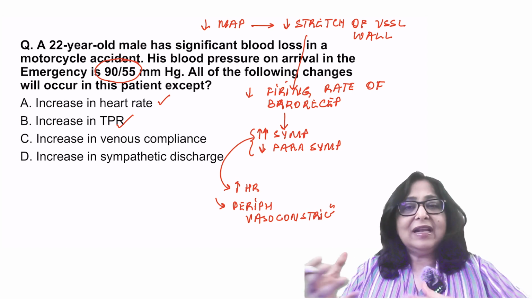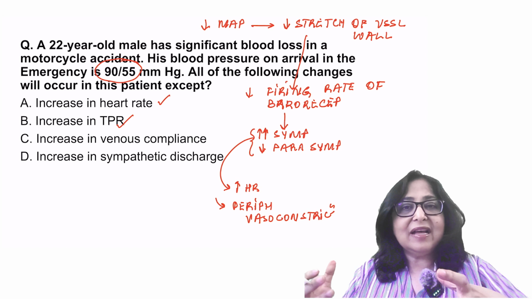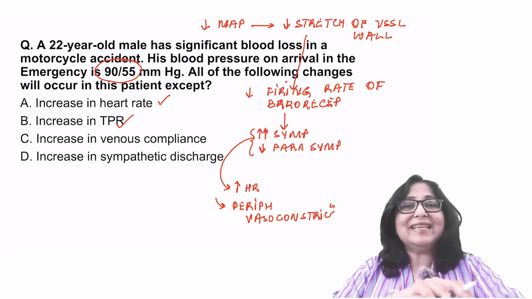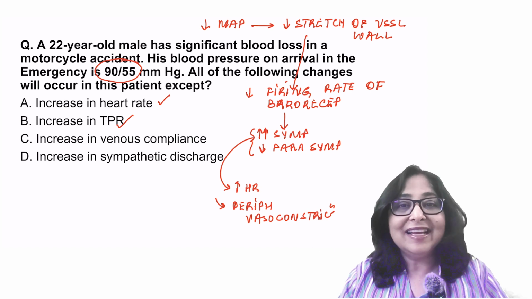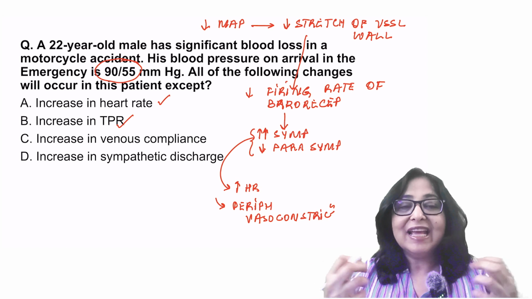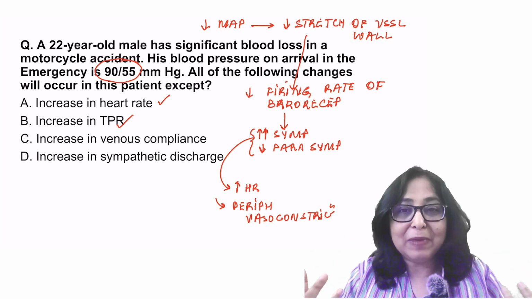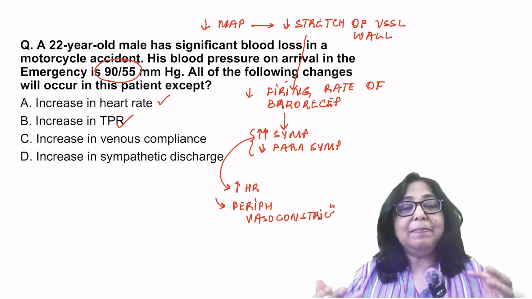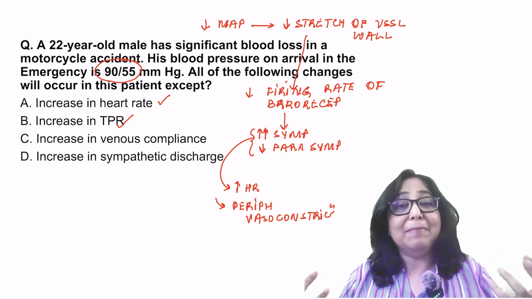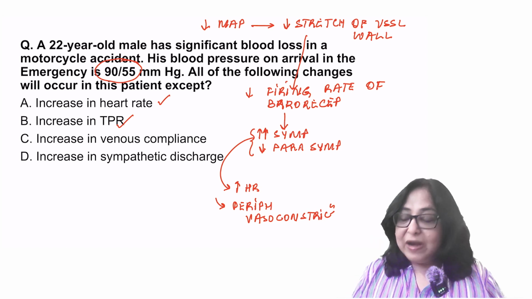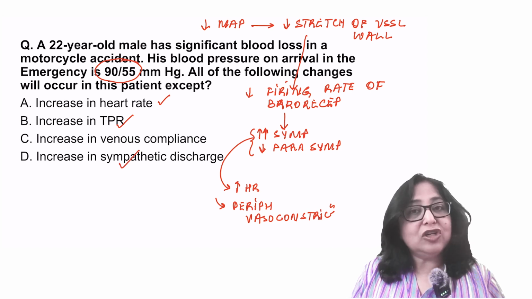A very common clinical correlation: whenever a patient presents with significant blood loss, if you touch his extremities, they are cold. Why are they cold? Because the peripheral blood vessels are constricted. There is less blood flow to the peripheries, so that blood flow can be maintained to the vital organs. So peripheral vasoconstriction. Increased sympathetic discharge, definitely.